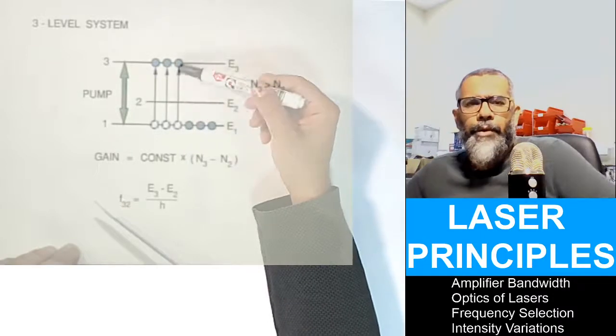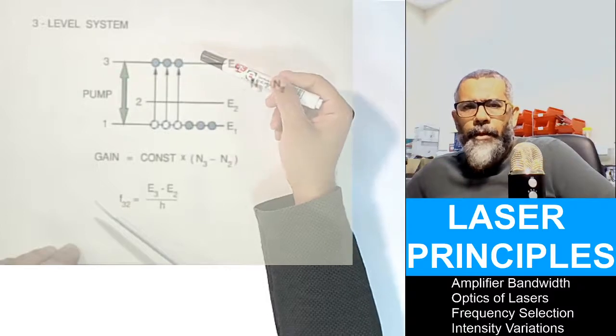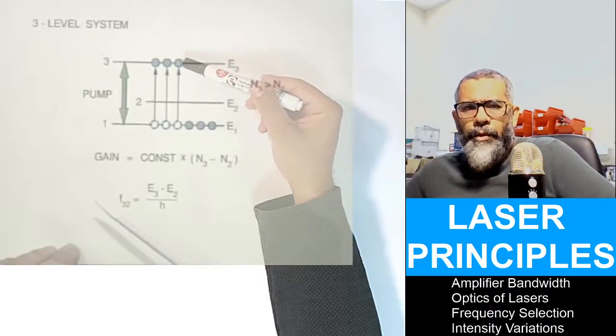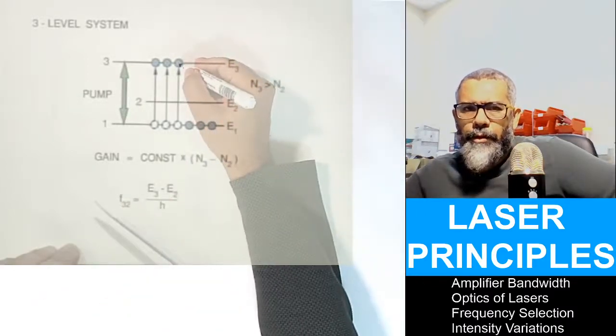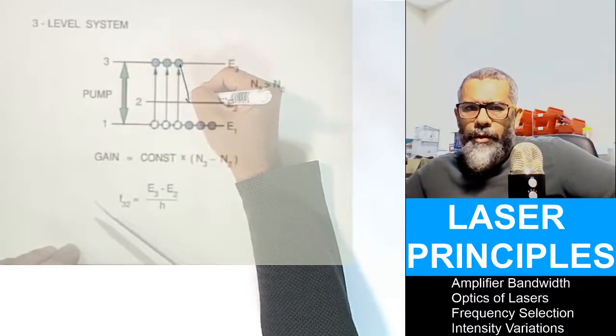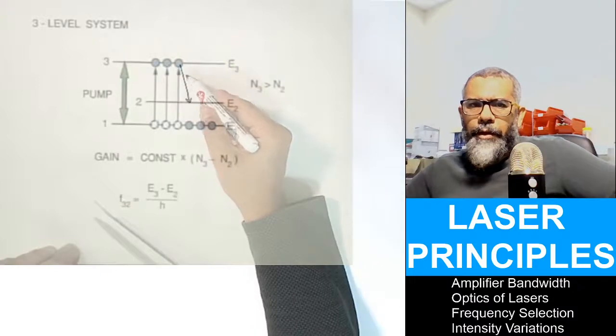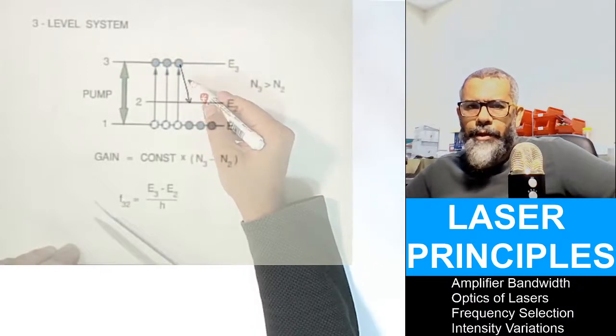Anyway, okay. So let's say the electrons go from the third energy level to the second energy level. Let me draw it here. Suppose this electron goes to the second energy level. Since it loses some energy, this energy will create a photon, right?